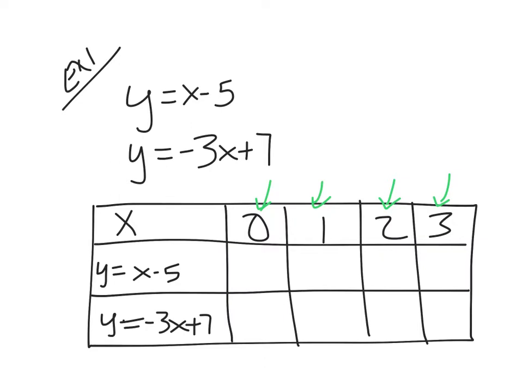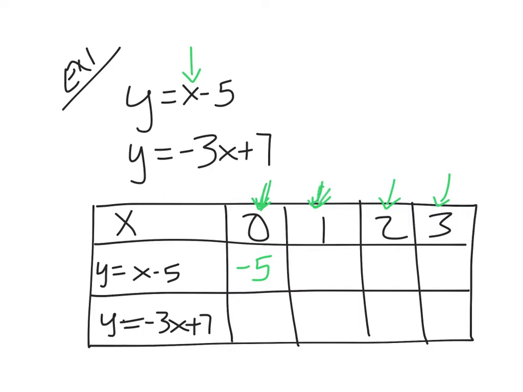Make sense so far? So the first x I chose was 0, right? So I'm going to plug in a 0 where this x is. What is 0 minus 5? Just negative 5. Okay, what if I plug in a 1 there?